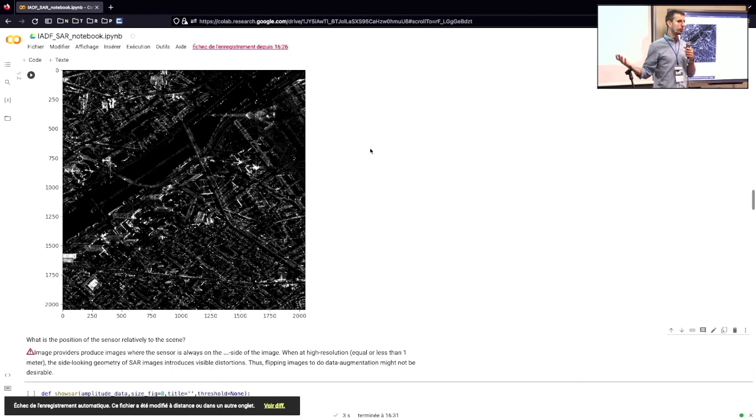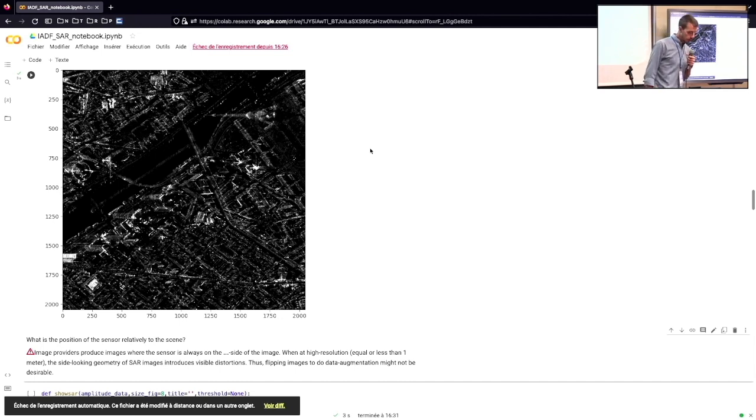So no component is coming back to the sensor. Instead, the urban environment is reflecting a huge component towards the sensor. So buildings appear in white, meaning that they convey a huge power, so a huge amplitude towards the radar.